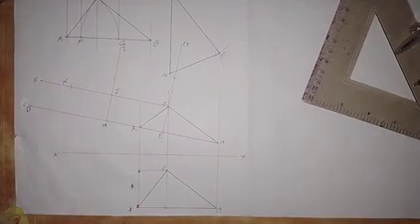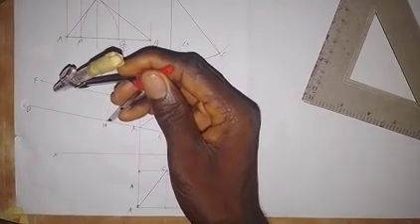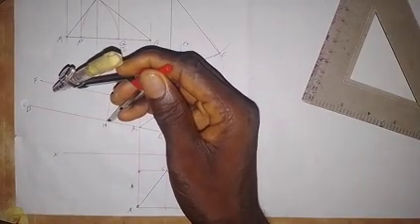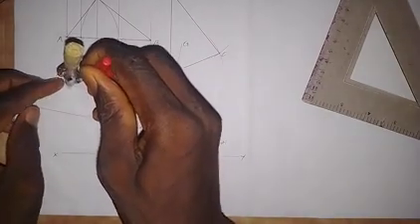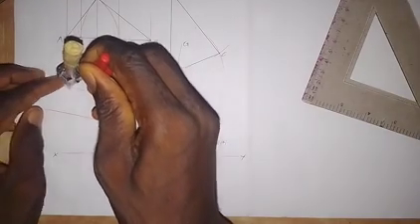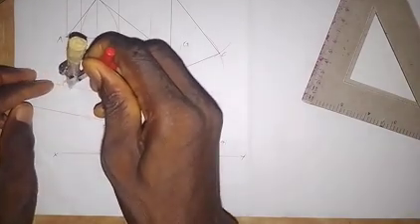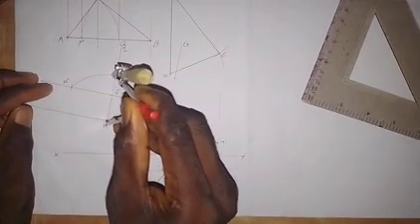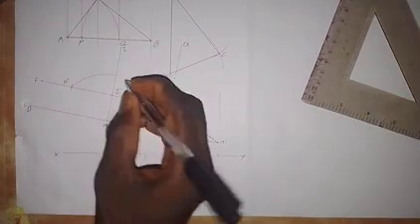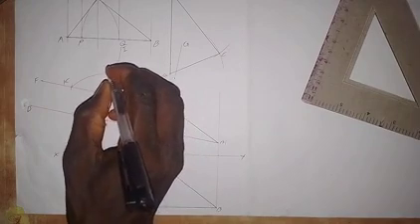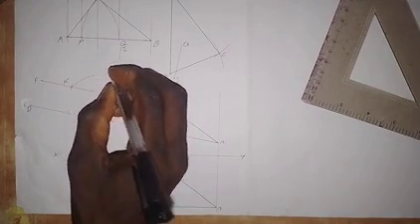Next, I will take my compass, put the pinpoint at H, and extend it to point K. Then I will draw an arc like this. This point I will call point L.